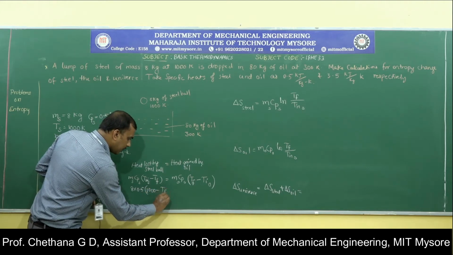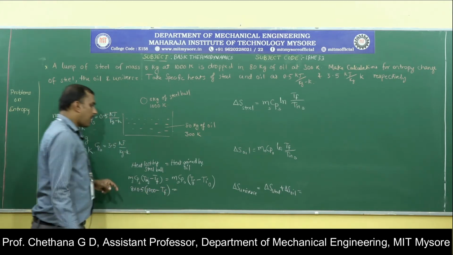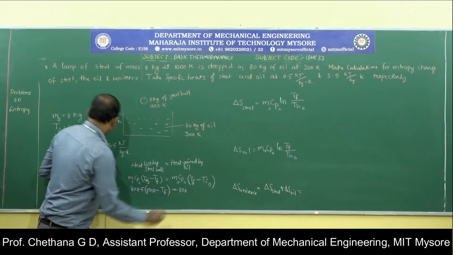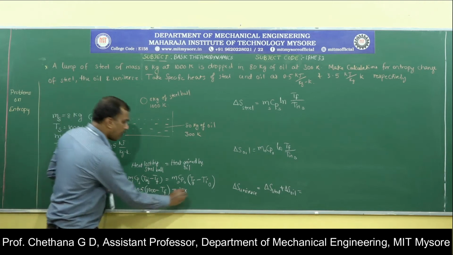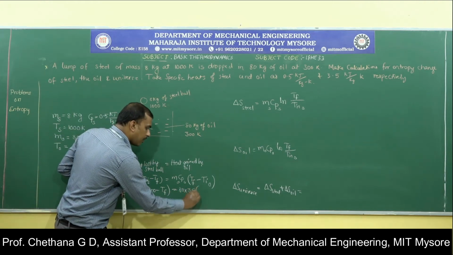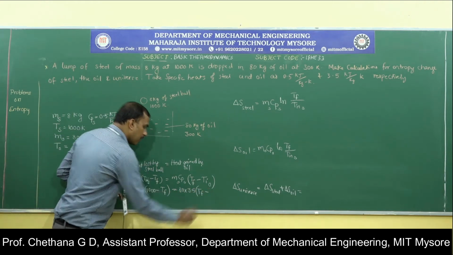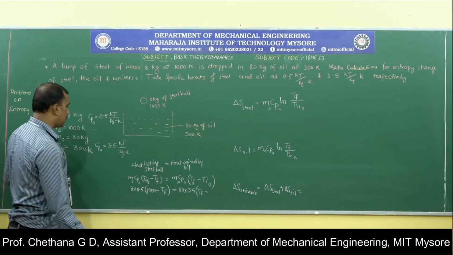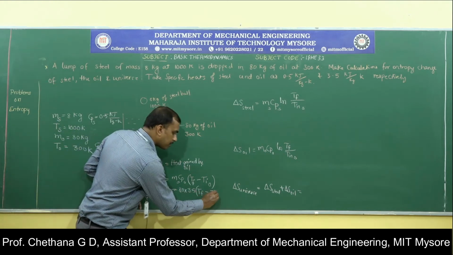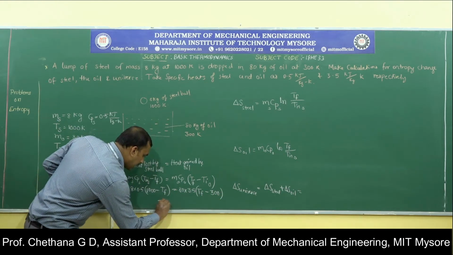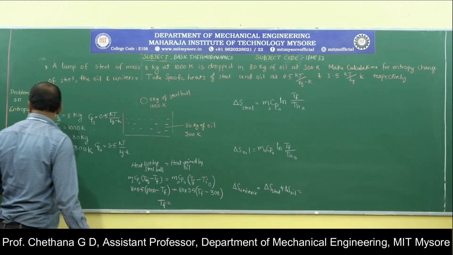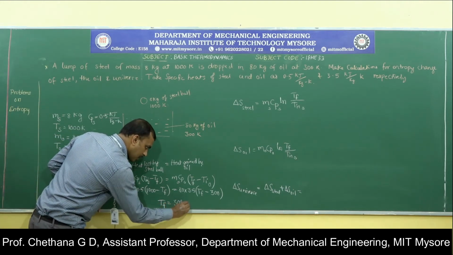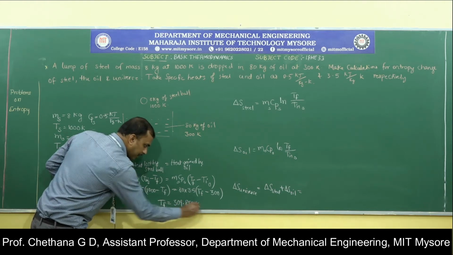minus T final, we will see. Mass of oil is 80 kg, Cp of oil 3.5, T final we want to find out, minus T initial of oil, which is 300 Kelvin. Now find out T final, you will get 309.859 Kelvin.